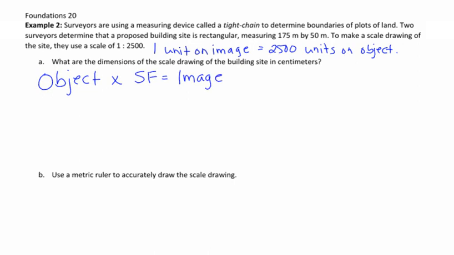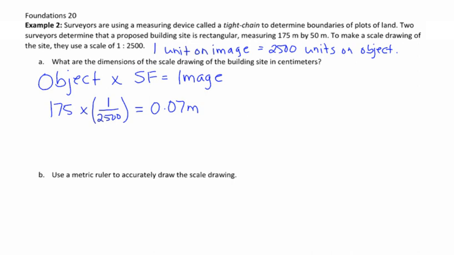So the object we are starting with is 175 meters times a scale factor of 1 over 2500 equals 0.07 meters, which is in the same units as above.